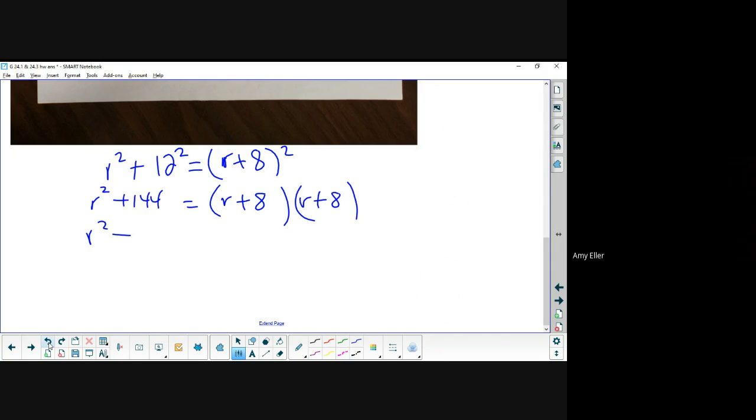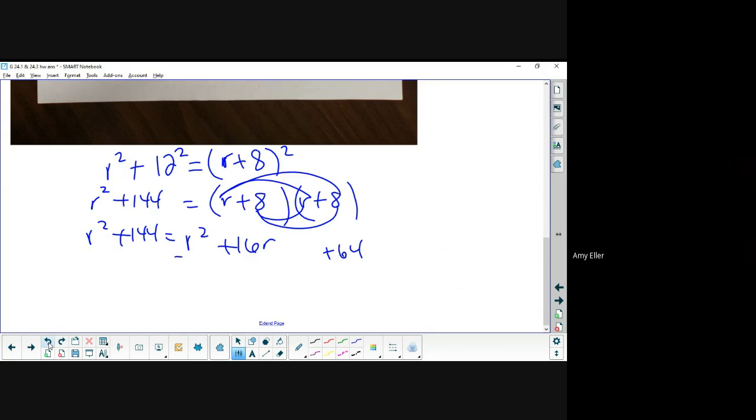No change over here. R squared, 8R, 8R, 64. We know that 8R and 8R is 16R. Since they have R squareds on both sides, I'm going to move them to be together.